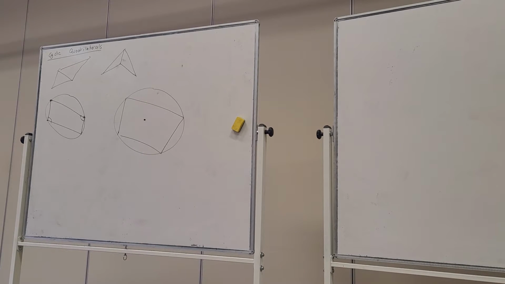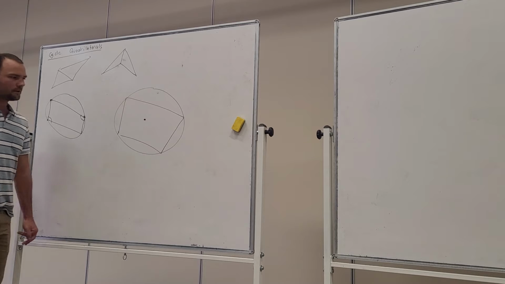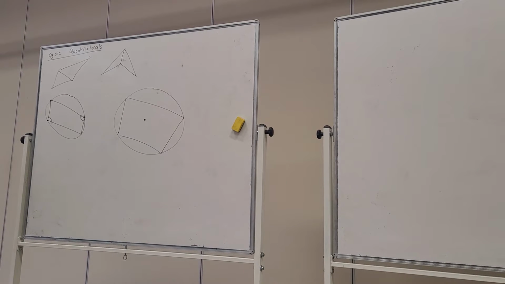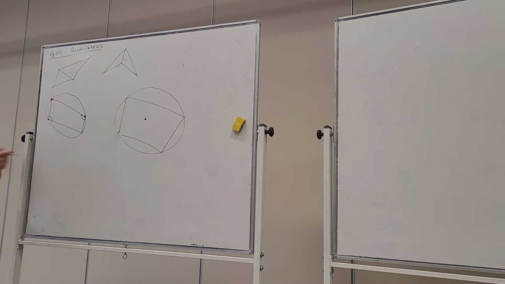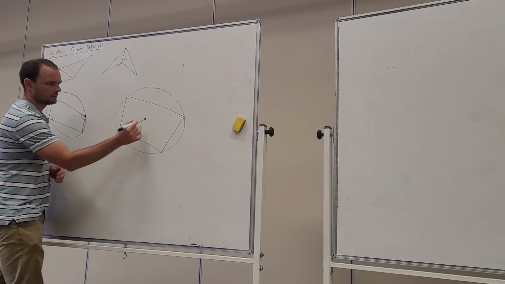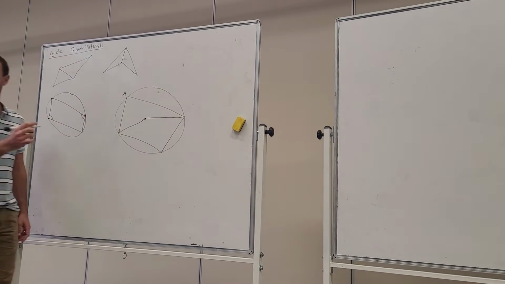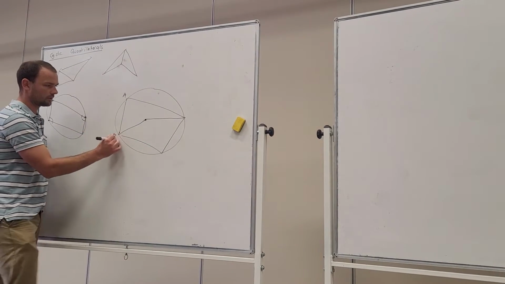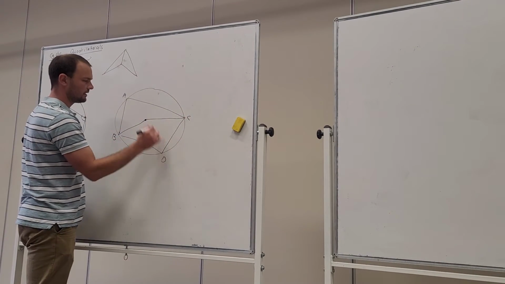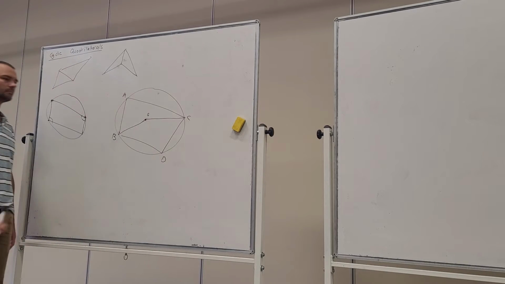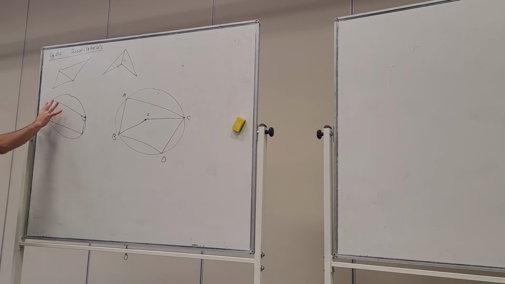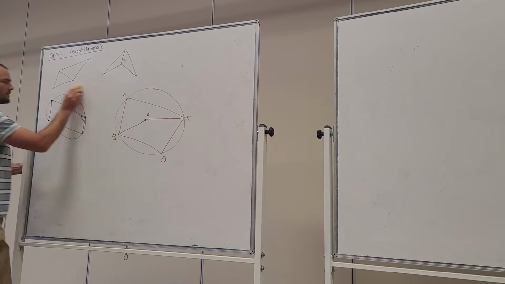Let's go through that proof. So first I'm going to draw these lines here, and I'm going to go through and label everything. We've got A, B, C, D, and O. I'll rub this out so we can do the proof alongside.